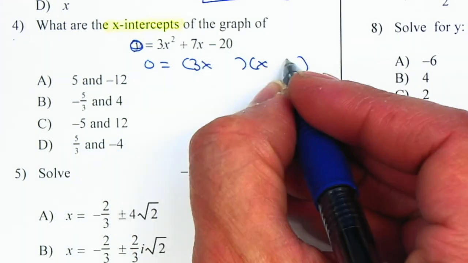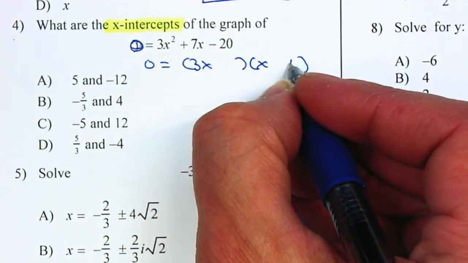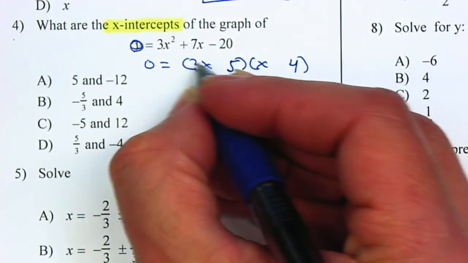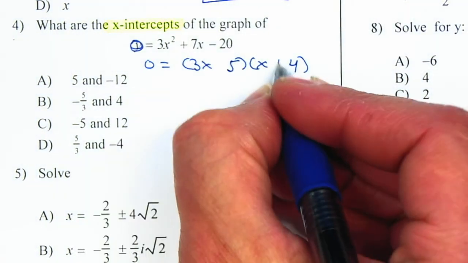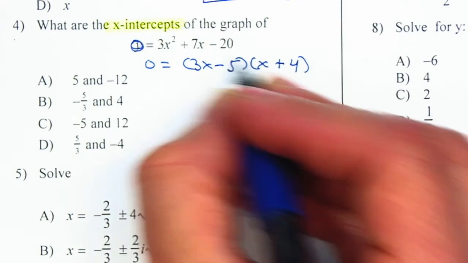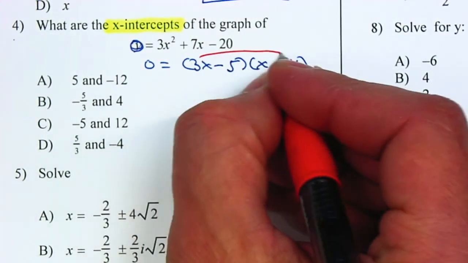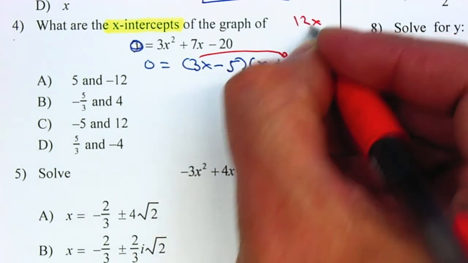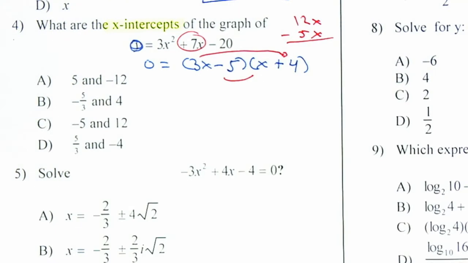I want to place my 4 here. That gives me 12. My 5 here. So 12 minus 5 will give me positive 7. So you want to be able to double check. That will give me 12x. That will give me negative 5x, and adding them is positive 7x.